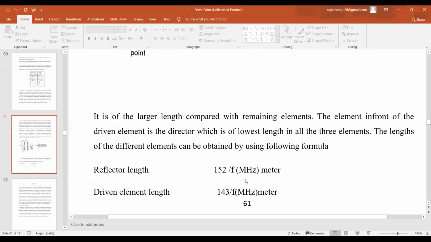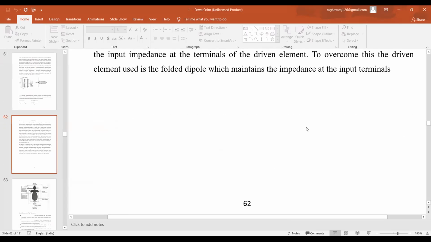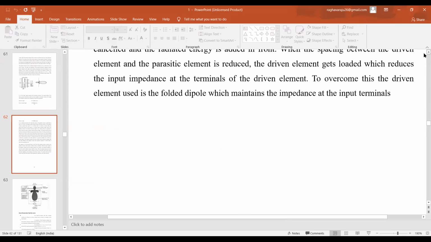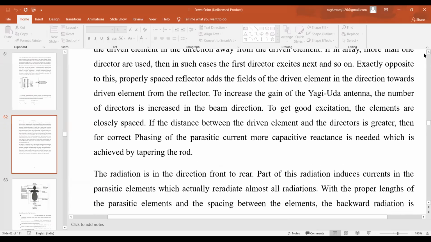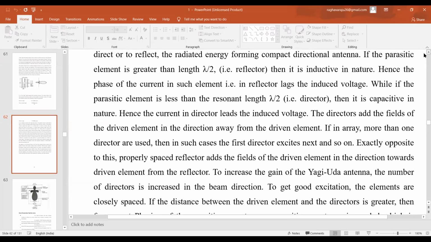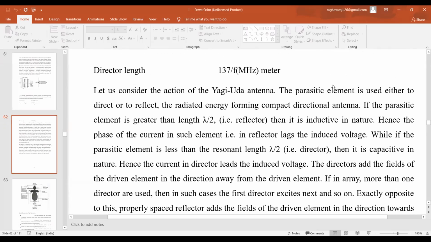Reflector length equals 152 by f, and the director length equals 132 by f meters.